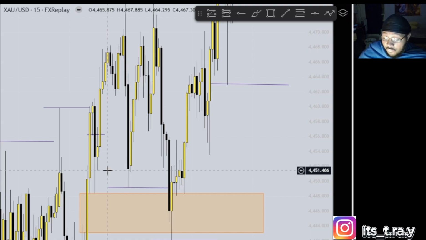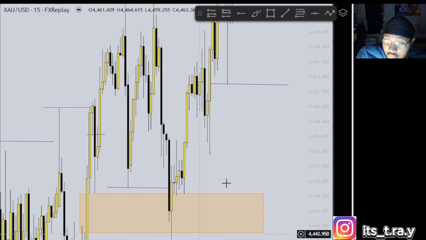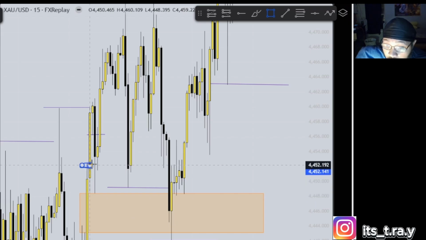So inverse fair value gaps are basically just this. This is a perfect example. As y'all can see, we have a fair value gap right here. We have candle 1, 2, and 3. First candle's wick to third candle's wick. Boom. We have a fair value gap, right?